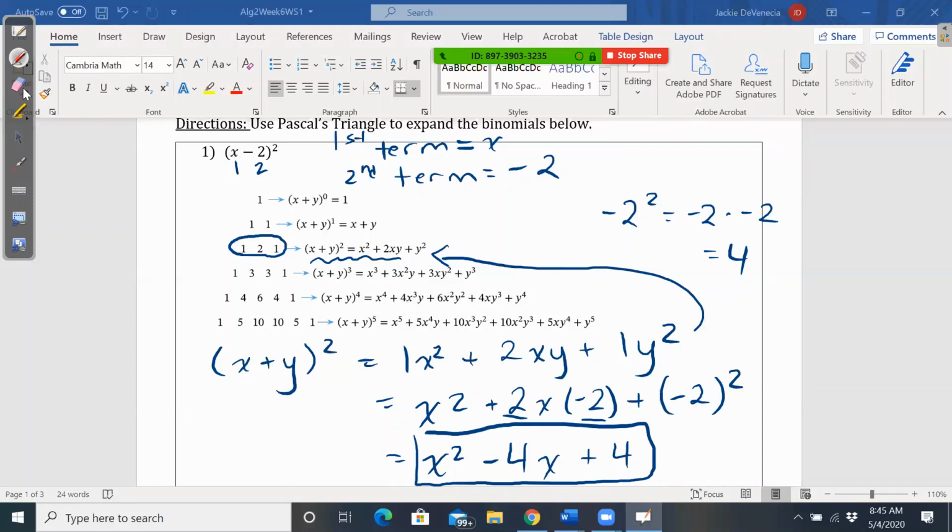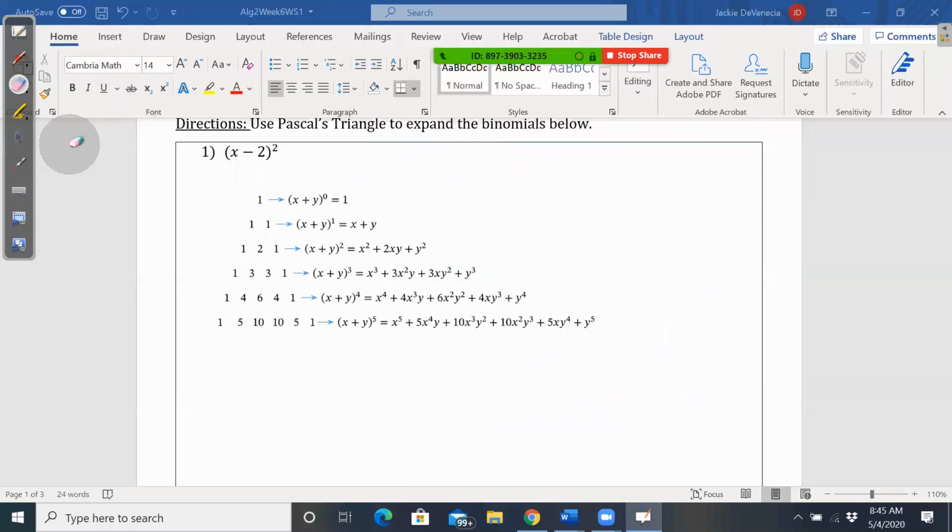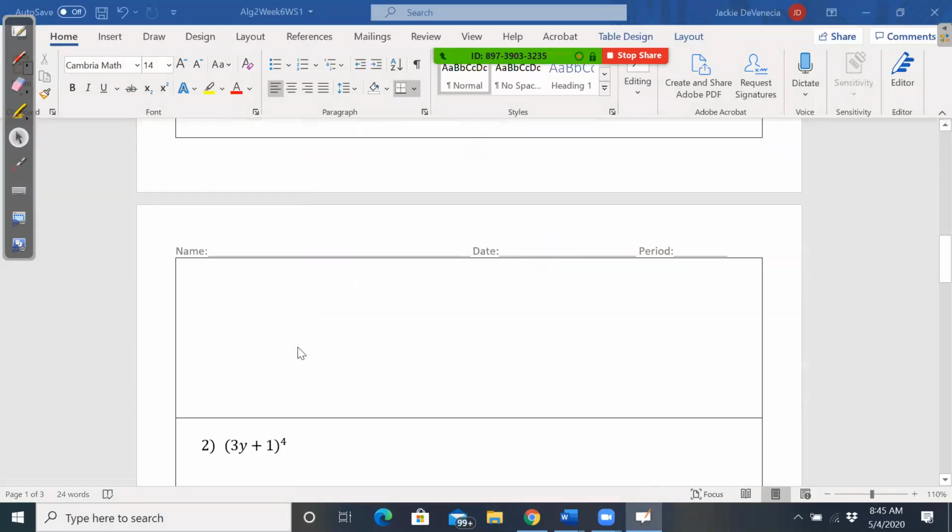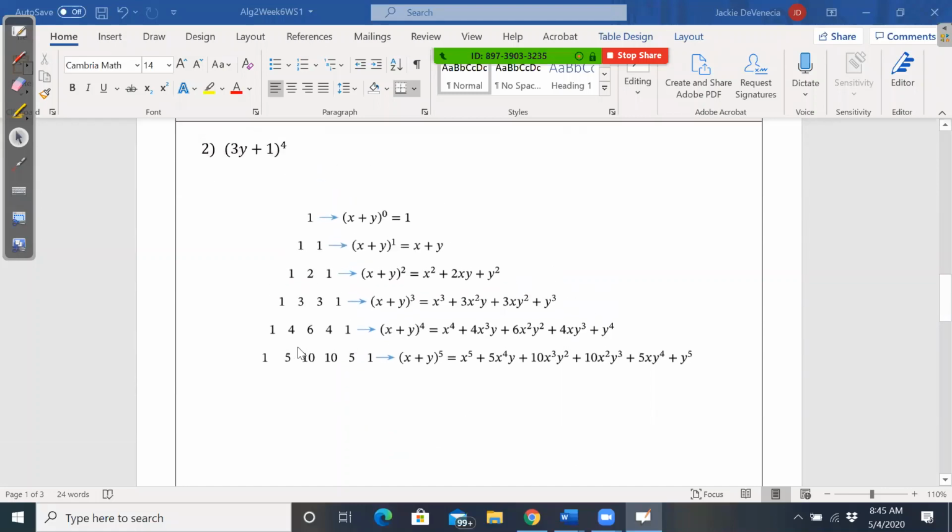Okay, so let's look at a different one. Okay, so this one, it's a bit more complicated. I have a 3 in front of my 1. But it's going to be the same idea. Oh, and I also have 4.